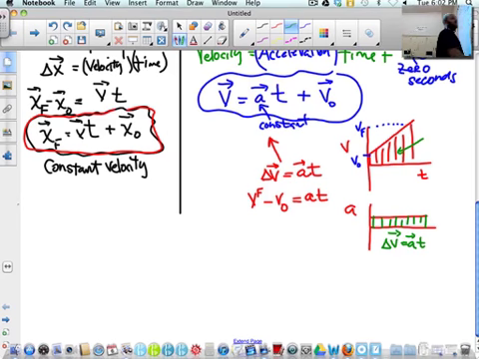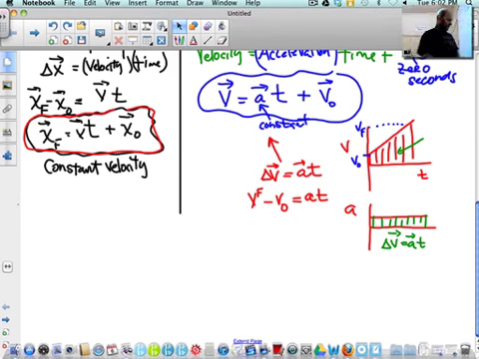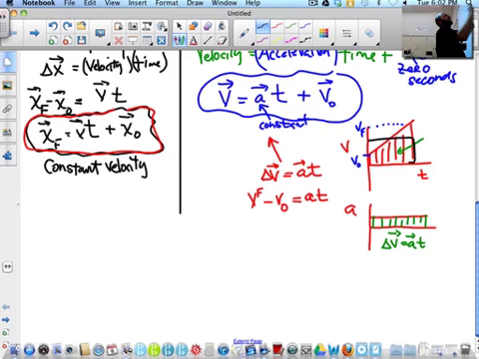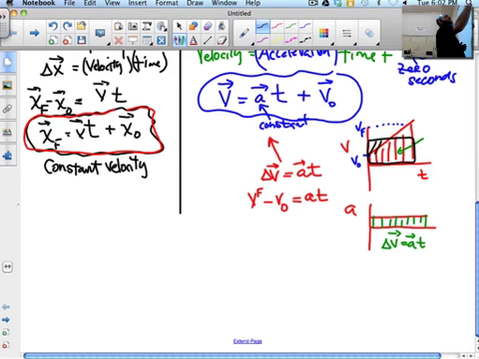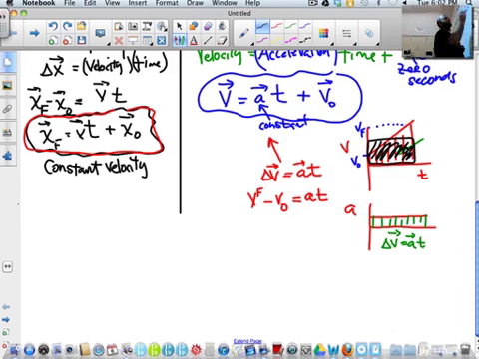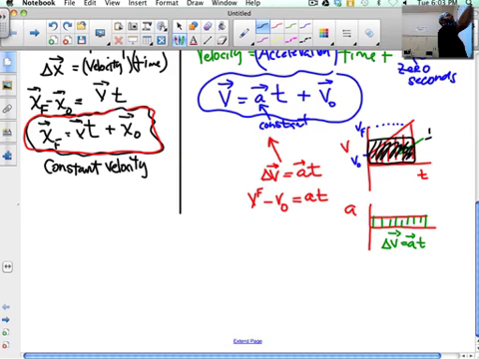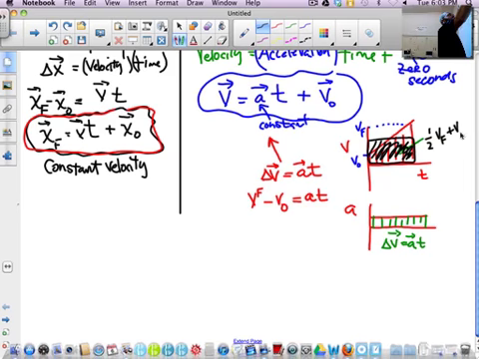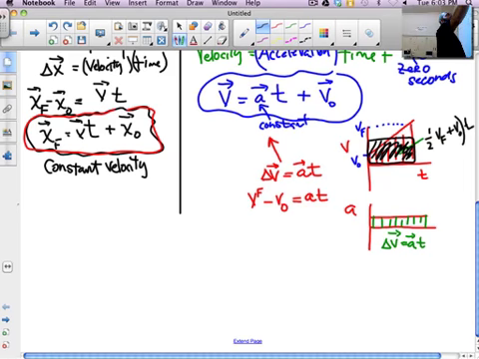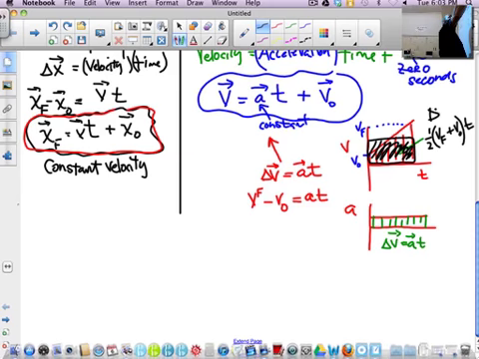An area of a trapezoid is really the area of a rectangle that has a height halfway between v naught and v final. So if I take the average of v naught and v final times time, so I go 1/2 (v final plus v naught) and I multiply by time, that's one way I can find my displacement. Okay, there are other ways.